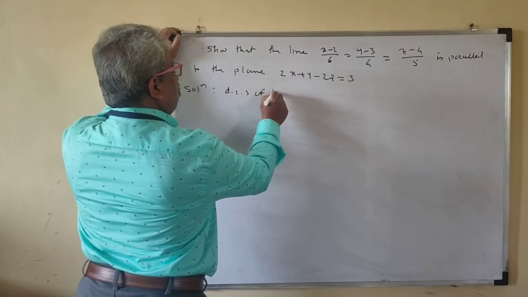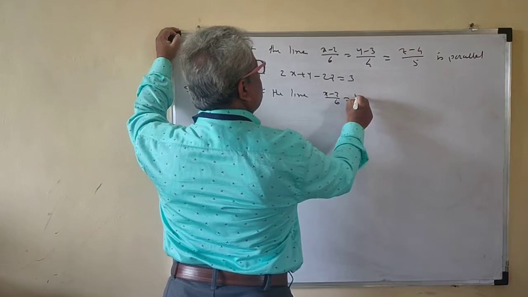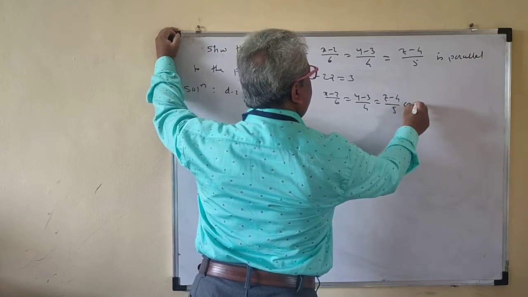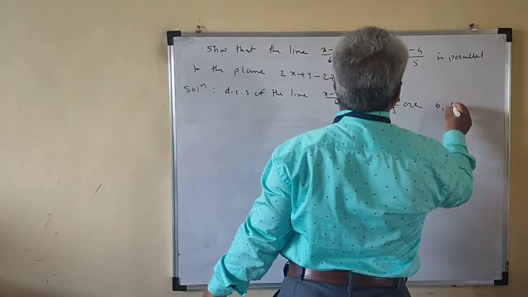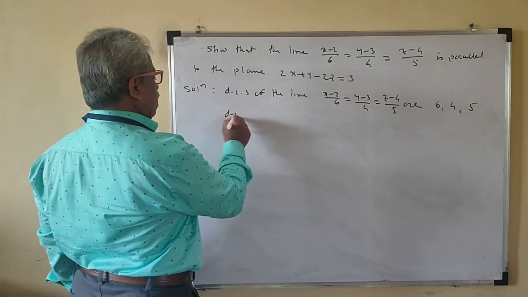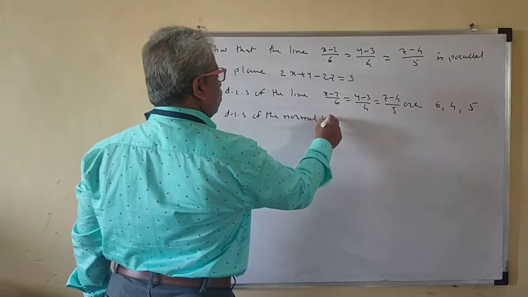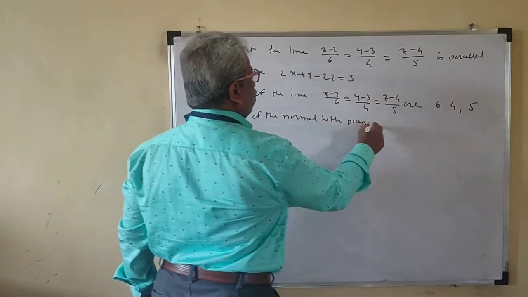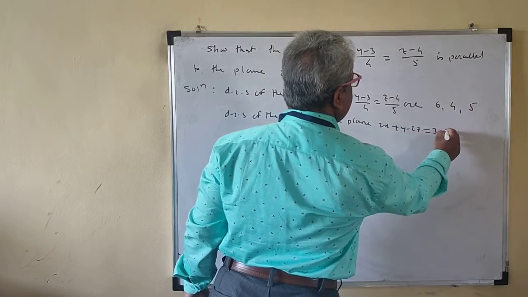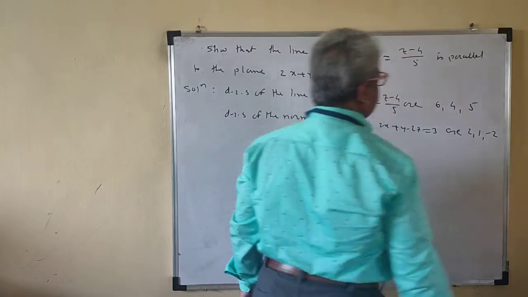DRS of the line x minus 2 upon 6, y minus 3 upon 4, z minus 4 upon 5 are 6, 4, 5. DRS of the normal to the plane twice x plus y minus twice z is equal to 3 are 2, 1, minus 2.